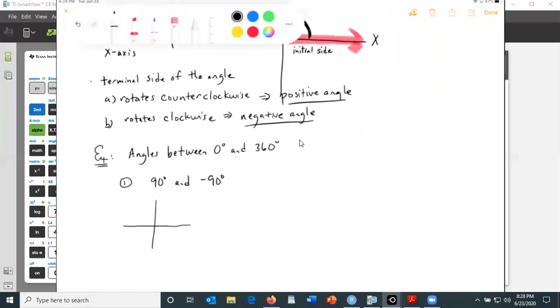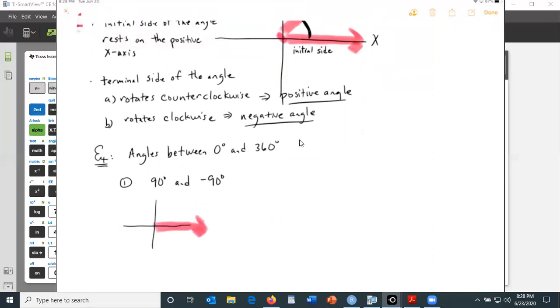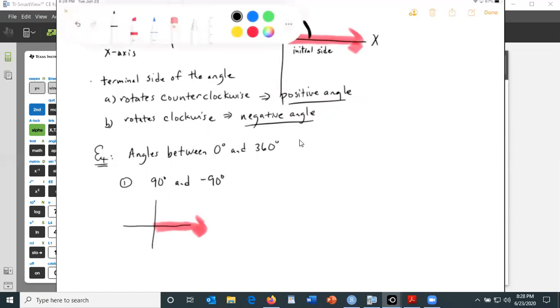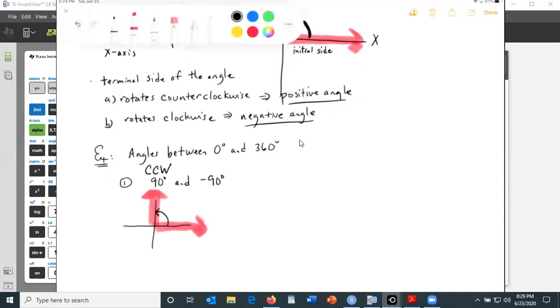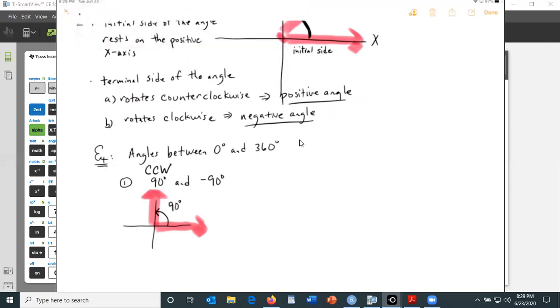Well, I will show you. You would start by putting one side of the angle to the right. And remember, 90 degrees forms that nice corner. 90 degrees is positive, so I would rotate counterclockwise, CCW. So I would rotate it right up here to the y-axis. So that is positive 90.